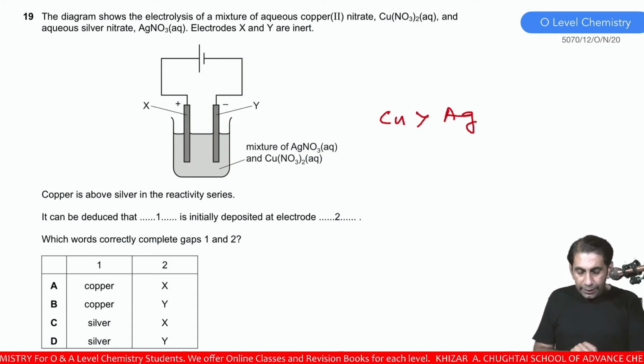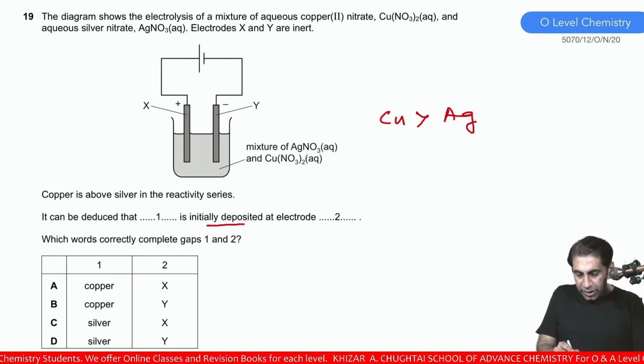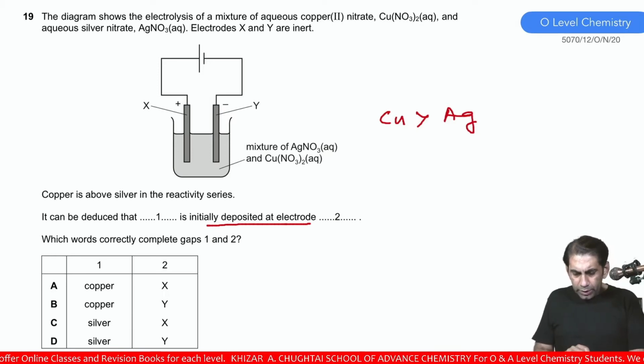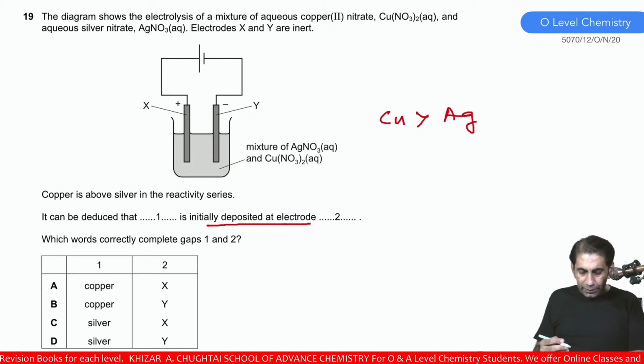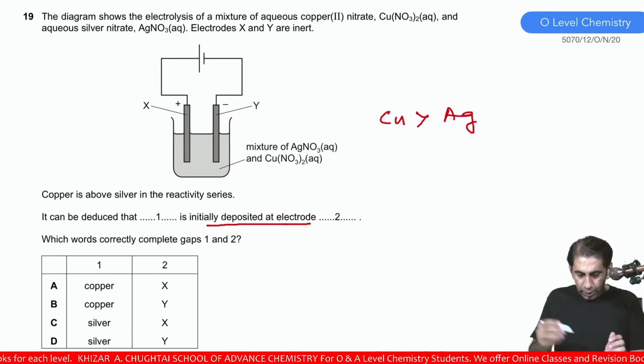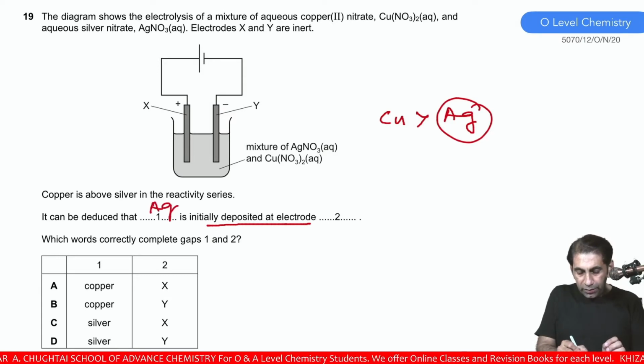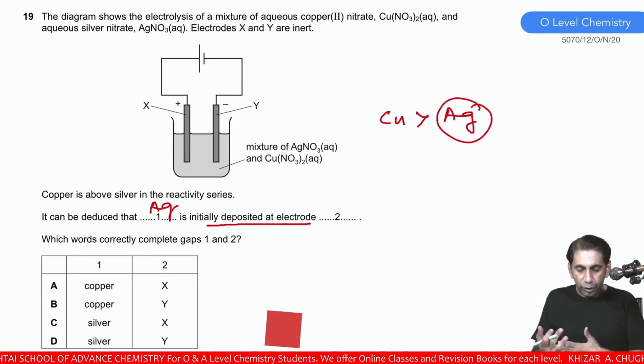It can be deduced that, number one, which one is going to initially deposit and at what electrode? Silver is less reactive, so silver is initially deposited.